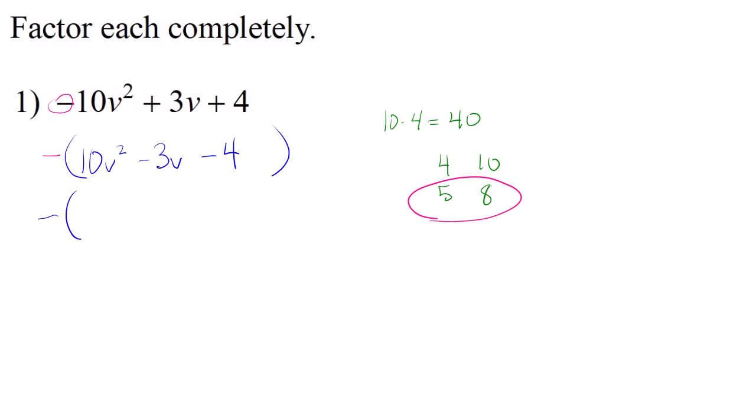So I keep that negative on the outside. I want to continue to bring it down, but I don't want to forget it, but it's not going to play into what we do inside here, right? Okay, so then I'm going to put a V here and a V here, and then the 5 and the 8. Now this is the sign of the bigger number, so that means it'll go in front of the 8.